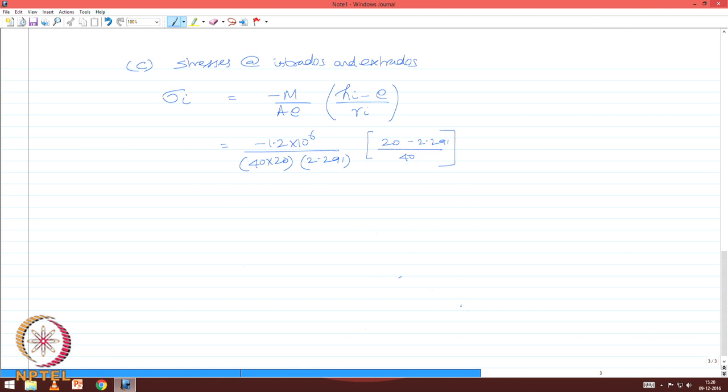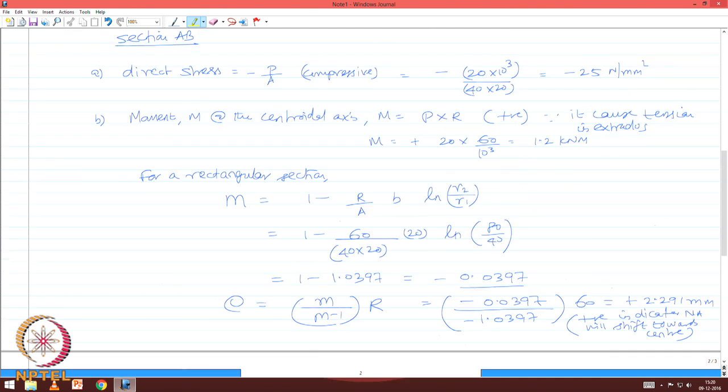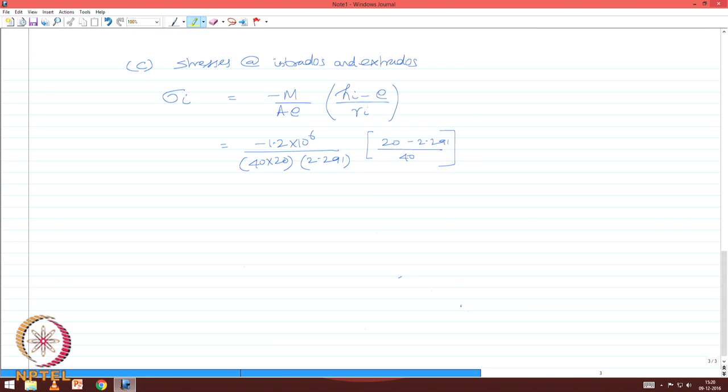We are looking for the point A, which is intrados, so 2.291, which is actually equal to minus 289.87 Newton per mm square. Negative indicates it is compression.